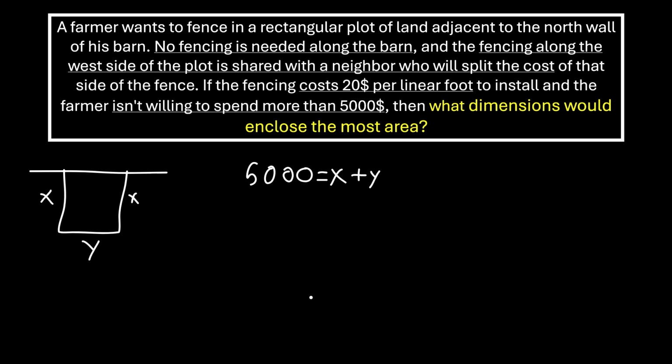Now each side costs $20 per foot, but the west side of the plot is only $10 because the cost is shared with the neighbor.